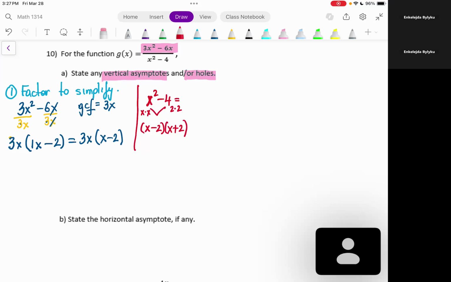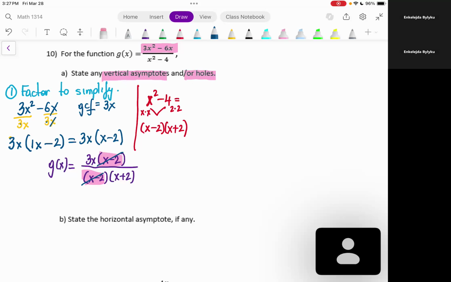So g of x is equal to, for the numerator, 3x, x minus 2. For the denominator, x minus 2, x plus 2. Do you notice how they do have a common factor? x minus 2 appears on both of them, so we can safely simplify that one.